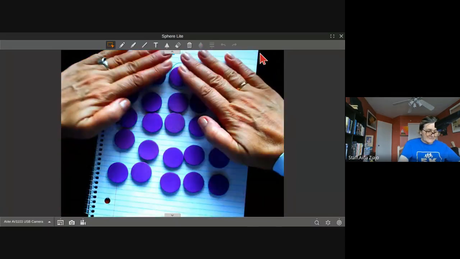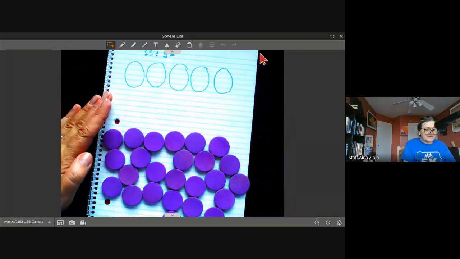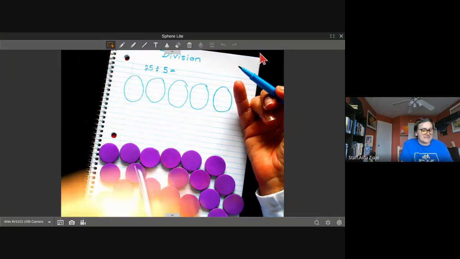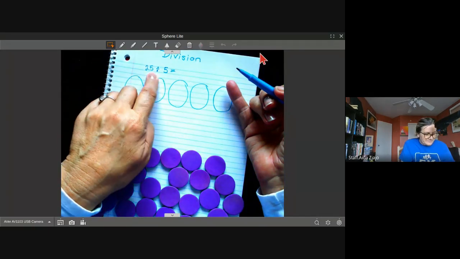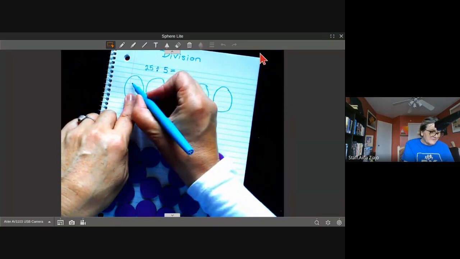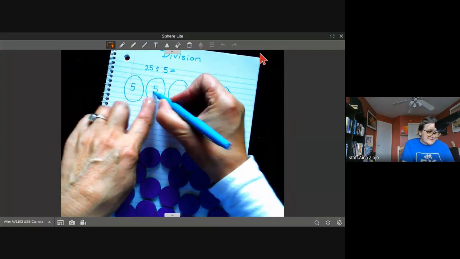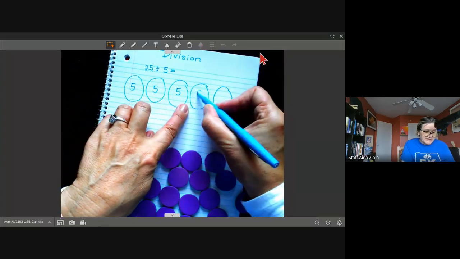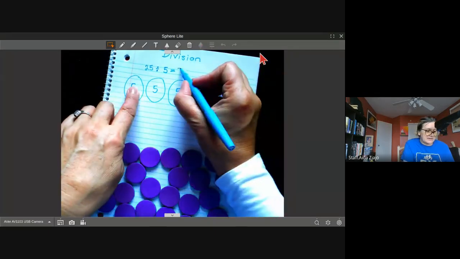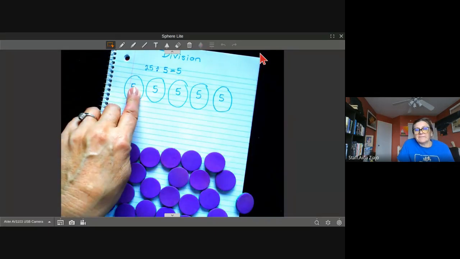So if I am you and I need to divide this 25 into 5 groups, I will start with 5, 10, 15, 20, 25, and I share. So I know then our answer is going to be 5.